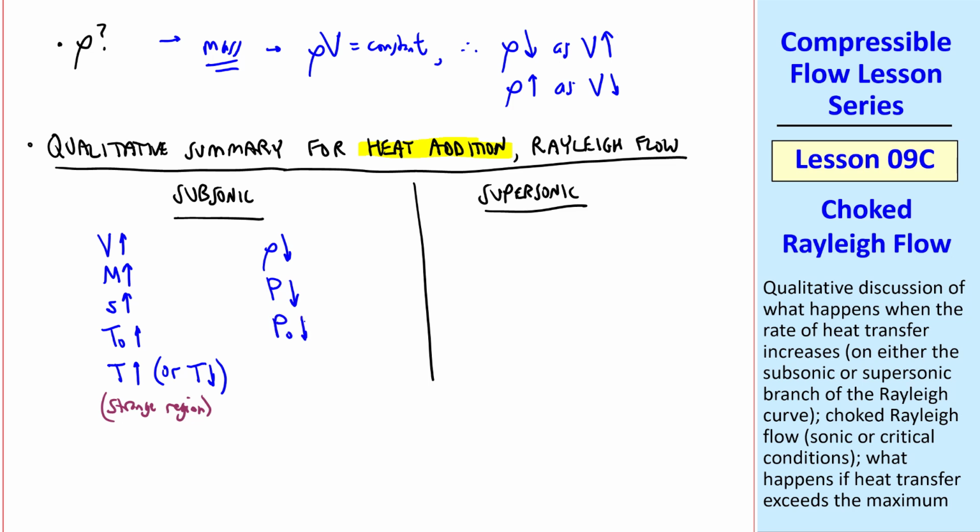For the supersonic case, density goes up, pressure goes up, temperature goes up always, entropy goes up, and stagnation temperature goes up, but V goes down, Mach number goes down, and stagnation pressure goes down. Some of these are the same. S and T naught both go up, and P naught goes down, but many of these properties like P, M, V, and ρ behave oppositely between subsonic and supersonic cases.